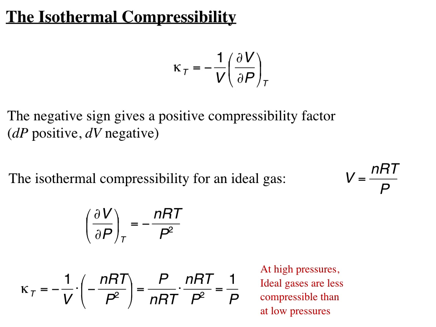So at high pressures, this value is close to 0. You can't squeeze gases that are already at high pressure by very much. What about at low pressure? Then the gas has a high kappa T value. When the gas is at a low pressure, any small change in pressure that it experiences will give it a sizable amount of compression.